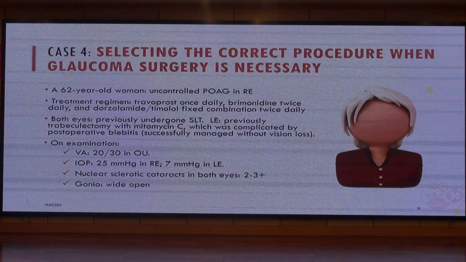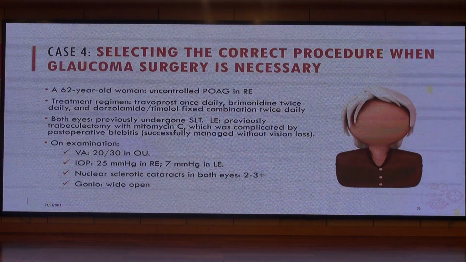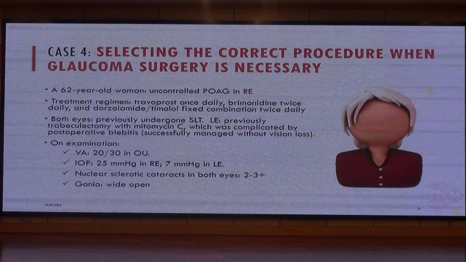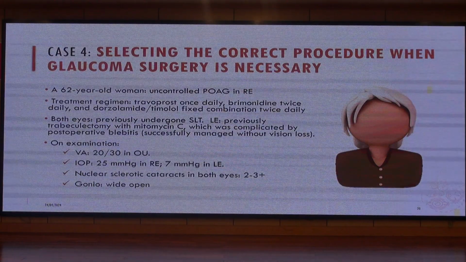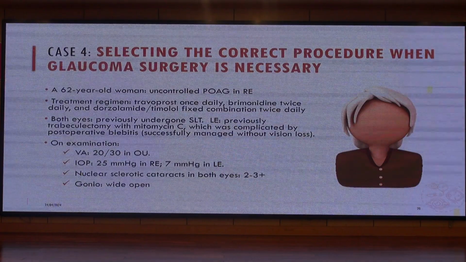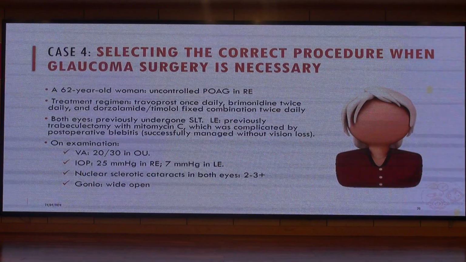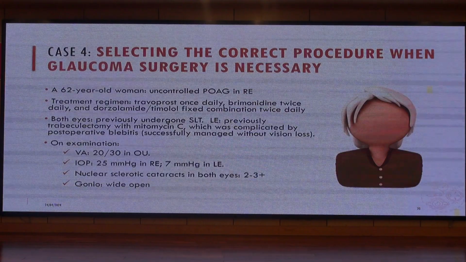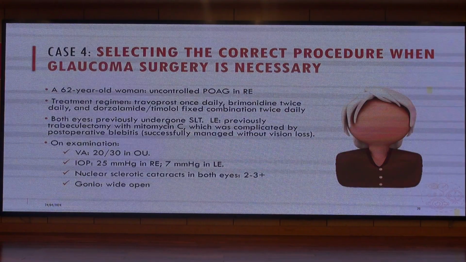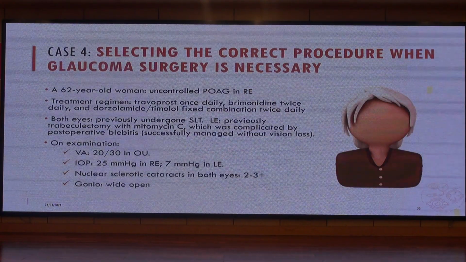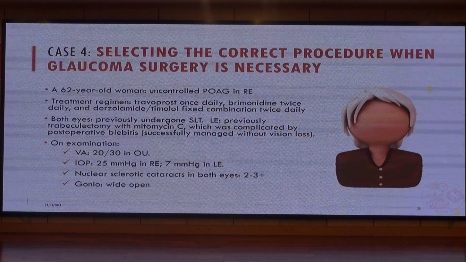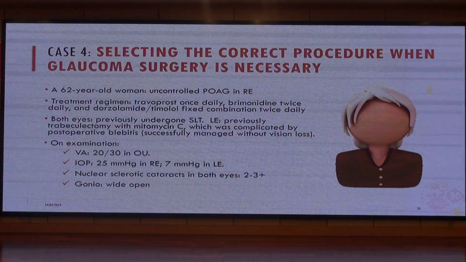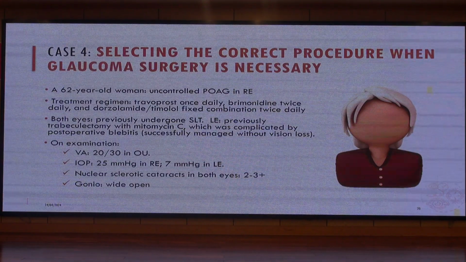And the last case, we discussed selecting the appropriate procedure when glaucoma surgery is necessary. Here's a case of a woman, 62 years old. She had uncontrolled POAG in the right eye. Her treatment regimen included travoprost, brimonidine, and a fixed combination of dorzolamide and timolol twice a day in the right eye.